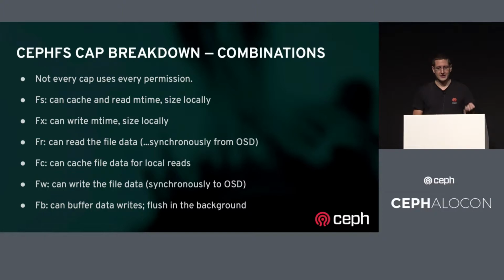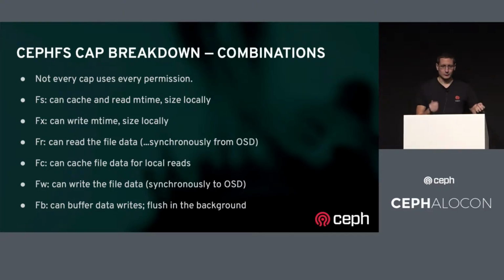So the shared and exclusive caps cover the timestamps and the size, and they cover those in the same way as the shared and exclusive caps do on auth or XAdder or link. If it's shared, I can look at it, and if it's exclusive, I can write it locally.